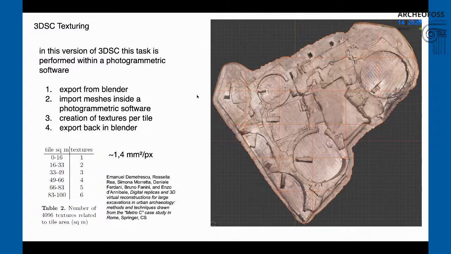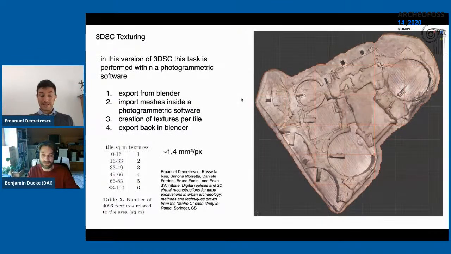In that way, we are able to stay in the range of 1 to 2, 1 to 5 millimeter per pixel. That is pretty fine for us for a realistic visualization of our model, even in a full VR context with an Oculus and so on and so forth.